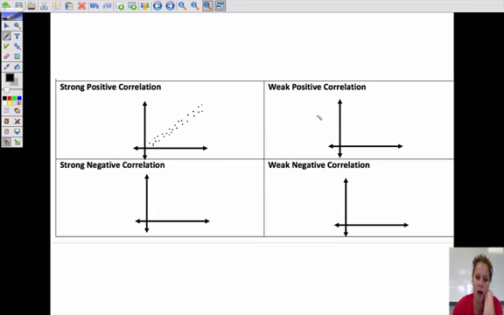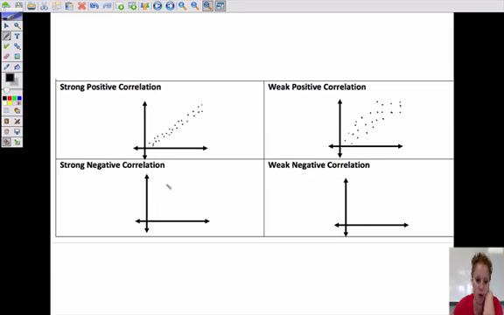A weak positive correlation would be when they're going up, you can tell that as one rises, the other rises, but they're more loosely connected to a line. So a line could still go through there, but it wouldn't touch as many points.